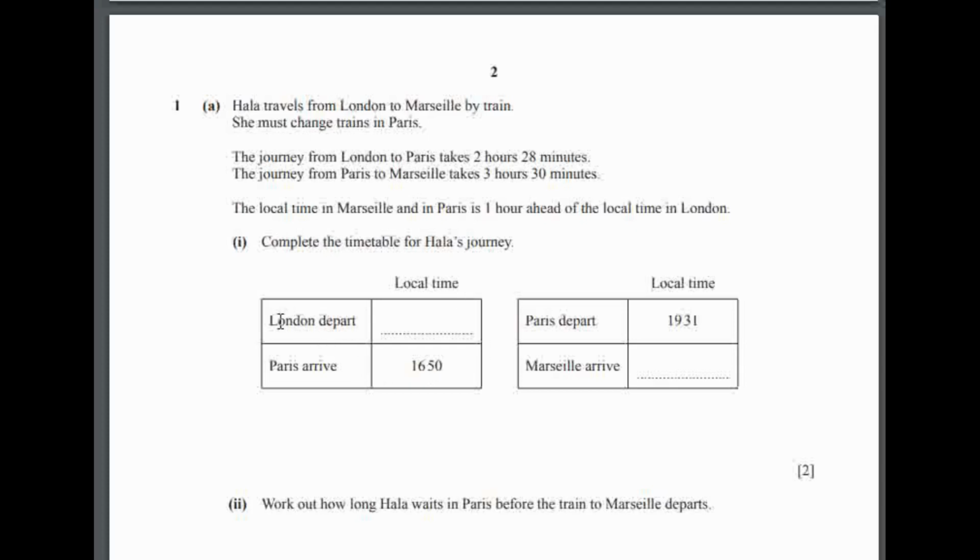We have to calculate London's departure time when the Paris arrival time is 1650. The formula is travel time plus departure time is equal to arrival time.